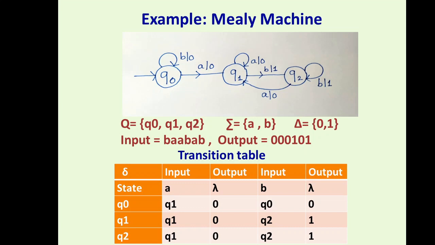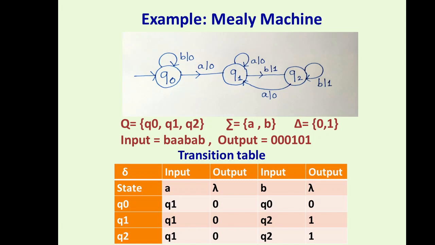What we observe here, instead of the states, output is associated with transitions, that is with the input symbol, and it is depicted in the transition table also. Let us consider the same string, that is input is equal to BAA, BAB, then the output generated is. So if our input symbol is B and we are in initial state Q0, so Q0 on B we are reaching to Q0 and it is generating output 0.